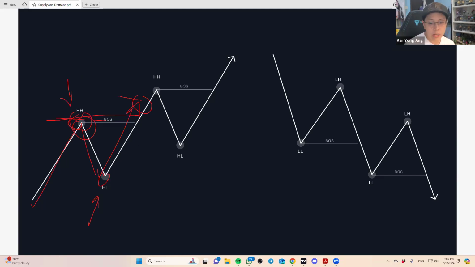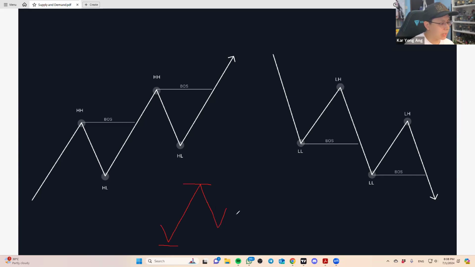If I give you another example, let's remove that. Let's say right now the market does this. We have a low, the market moves up, it comes down, and then it starts to bounce. At this point in time, we have a low and a high, but we wouldn't know this is a higher low, because the market hasn't broken above this high.